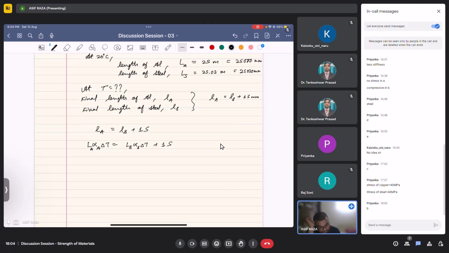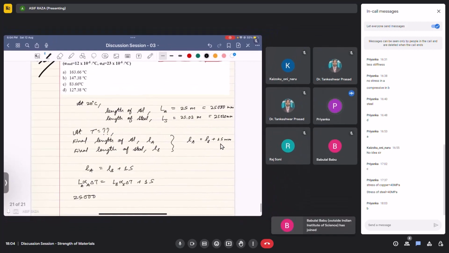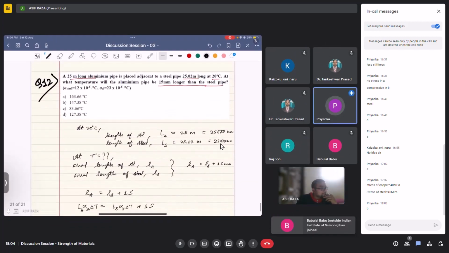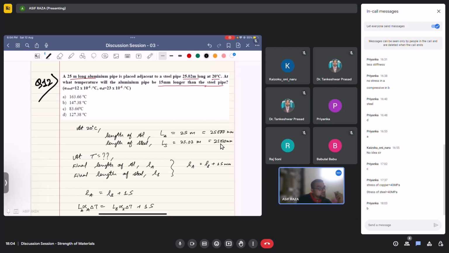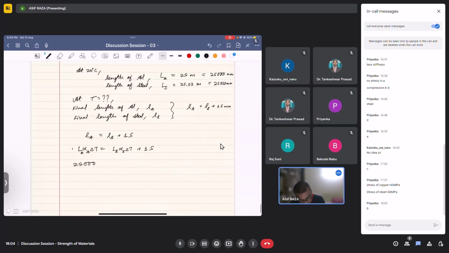For LA equal to LS plus 15, we should also add the original LA and LS, since L alpha delta T will give only the deformation. Yes.